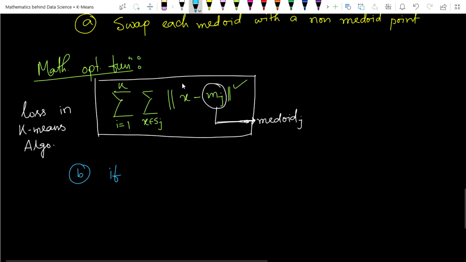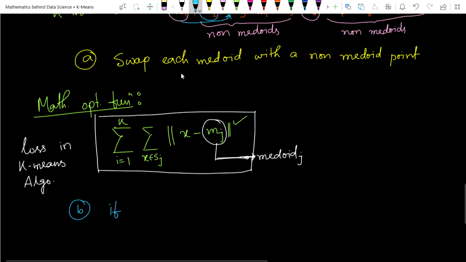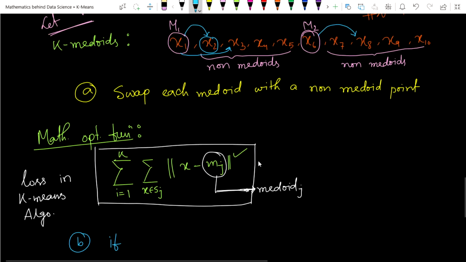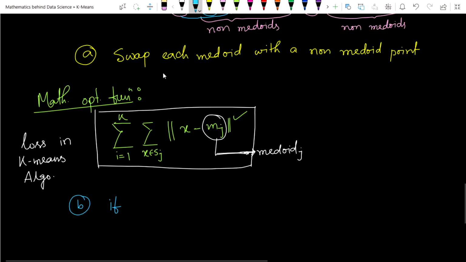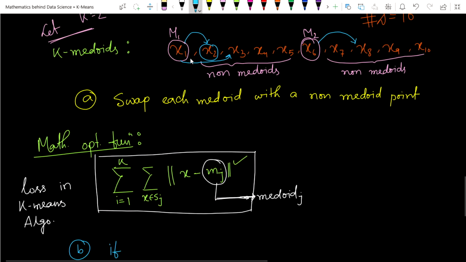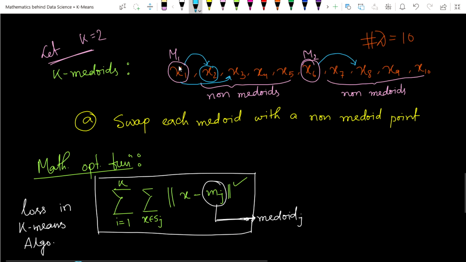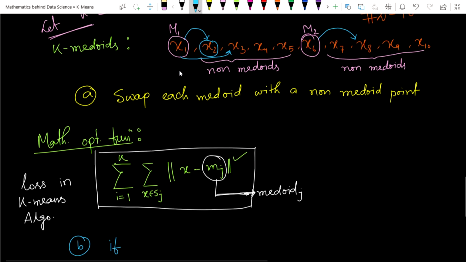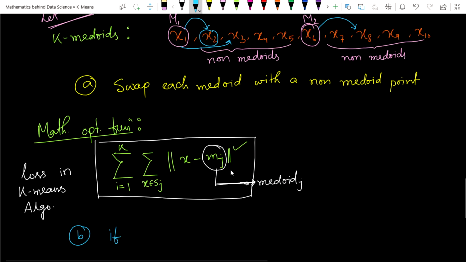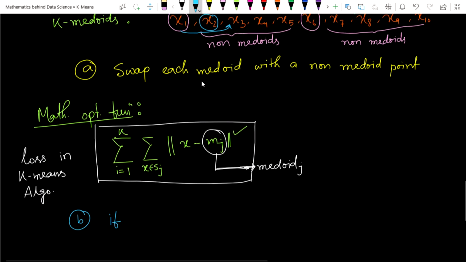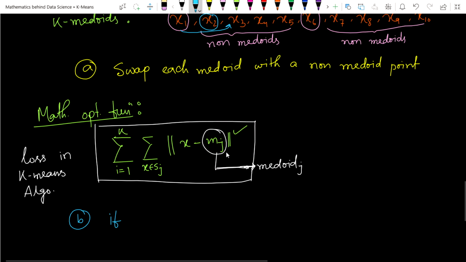From the first centroid, we have to calculate how much loss we have after swapping this centroid, meaning the Medoid points. I'm talking about this Medoid. So the first Medoid we have is x1, x6. Using x1 and x6, we will calculate the loss value. Now after swapping this, again we will compute the loss value for this one.